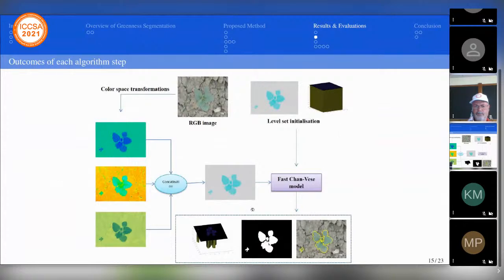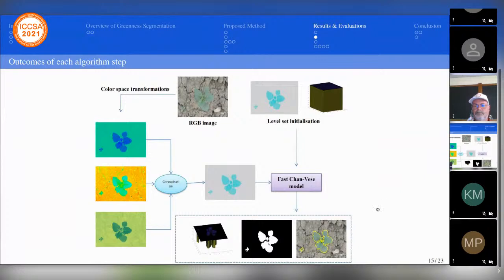This input image with level set initialization is optimized using the Chan-Vese model. Then we get the outcomes of the algorithm. Here, the yellow line represents the zero level set function at convergence, which is the same as the plant boundaries, the binary level set function, and we can also present the 3D of the level set function.